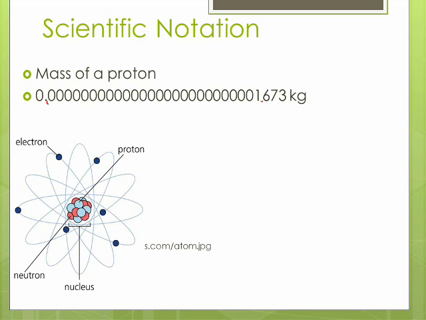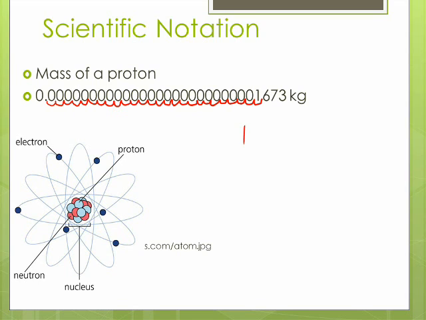So we start here, we go 1, 2, 3, 4, 5, 6, 7, 8, 9, 10, 11, 12, 13, 14, 15, 16, 17, 18, 19, 20, 21, 22, 23, 24, 25, 26.